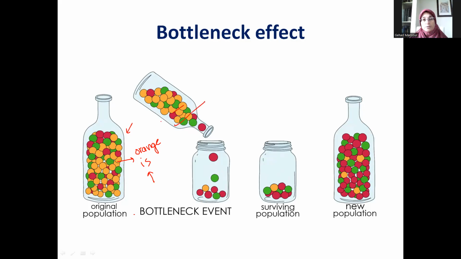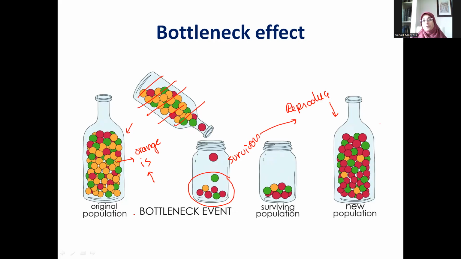Why is it a bottleneck event? Because it kills most individuals. They stay in the bottom, they cannot descend, maybe because the beads are bigger than the mouth of the bottle, and only those are the survivors. And because they are the survivors, they will reproduce, pass on their traits and increase in number.